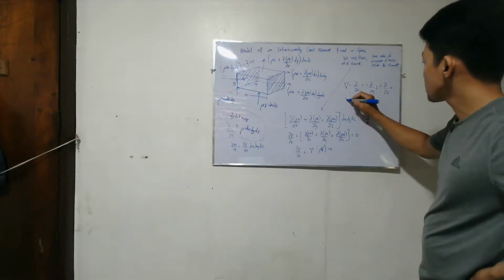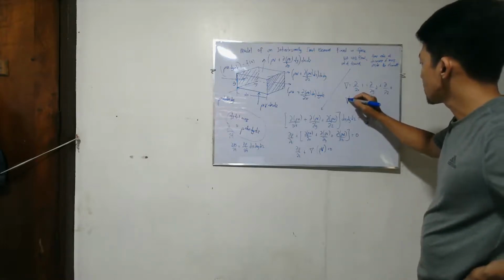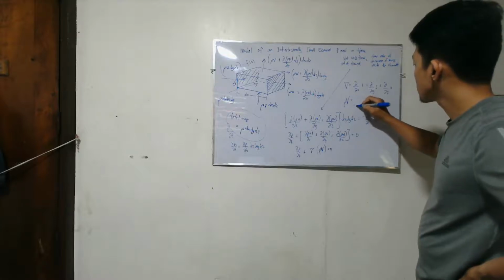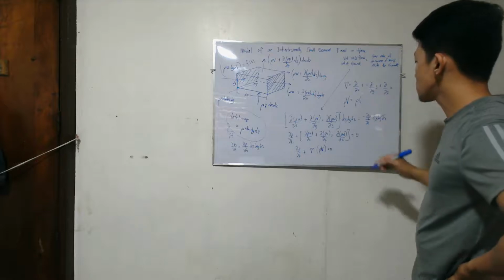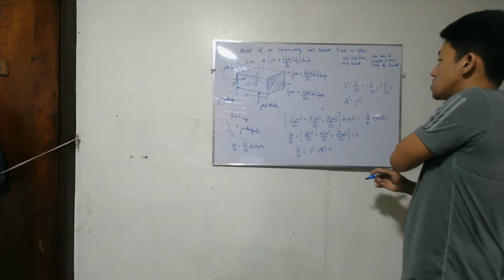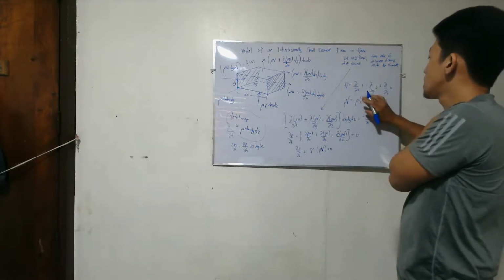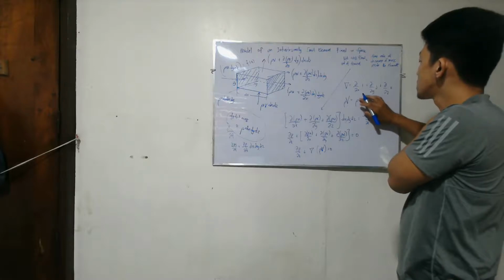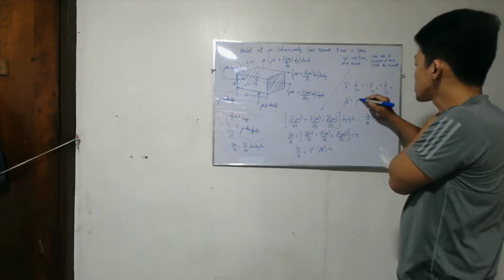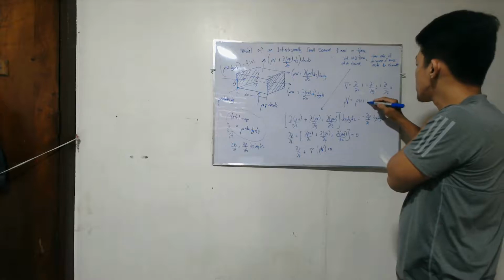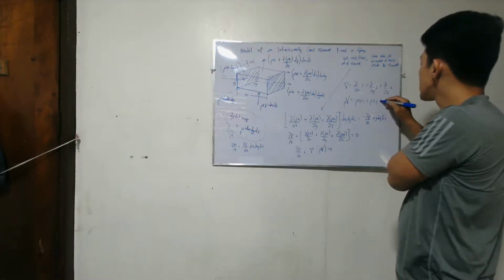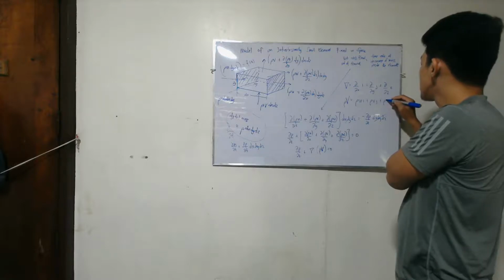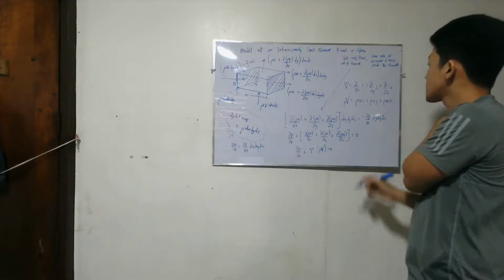Ang rho V nimo is rho u i plus rho v j plus rho w k.